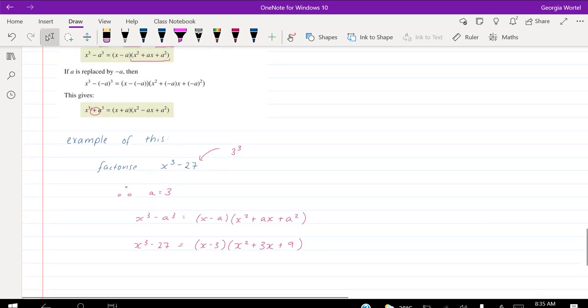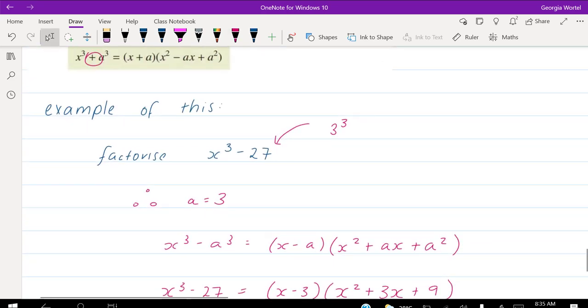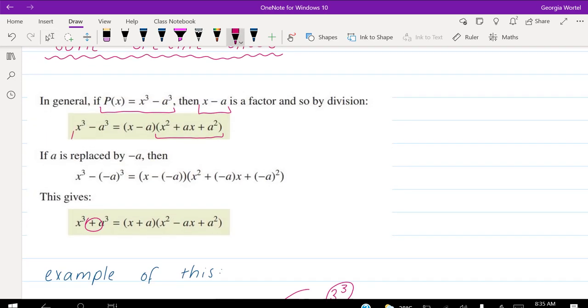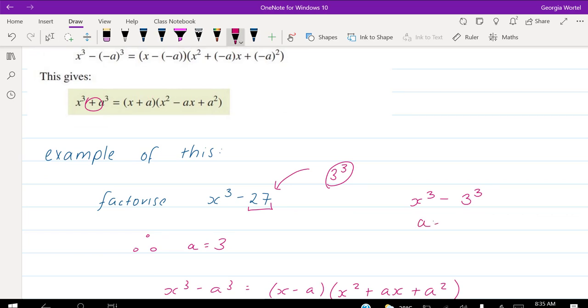What that means is, say if you had x cubed minus 27, oh hey, I've recognized that 27 is simply just 3 cubed. So I have x cubed minus 3 cubed, which is this scenario up here. Well, my a is equal to 3.